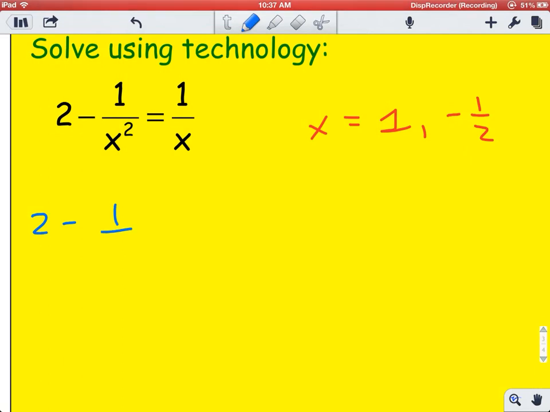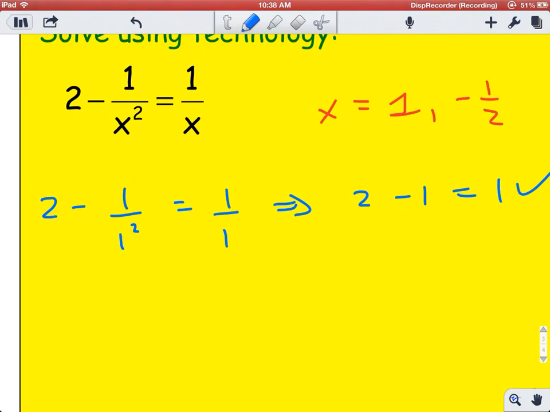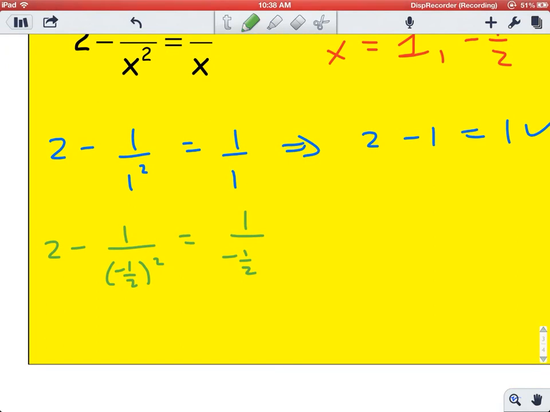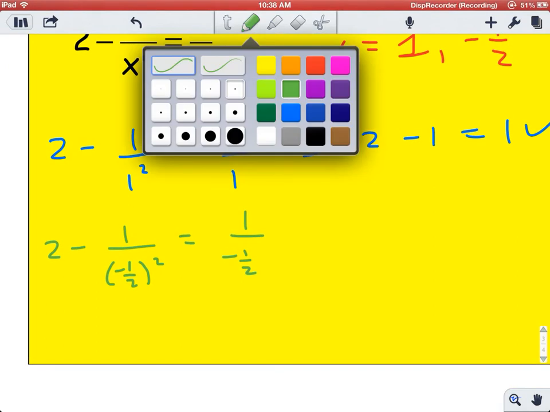2 minus 1 over 1 squared equals 1 over 1. It's pretty easy, right? So you're going to get 2 minus 1 equals 1. Absolutely. The next one's a little bit harder. Let's plug in negative 1/2. So here's a deal where we're going to have to flip and multiply. We know what happens when we divide by a fraction.